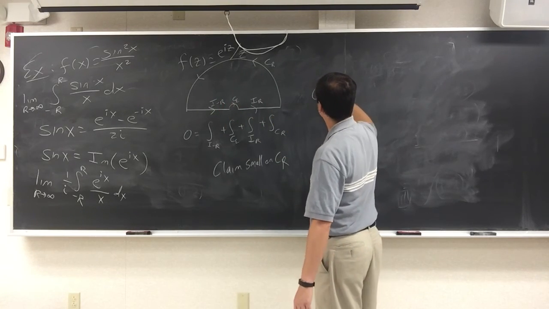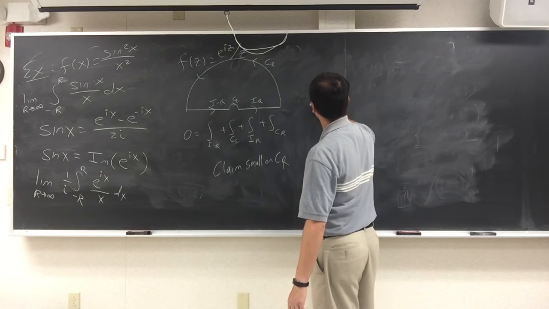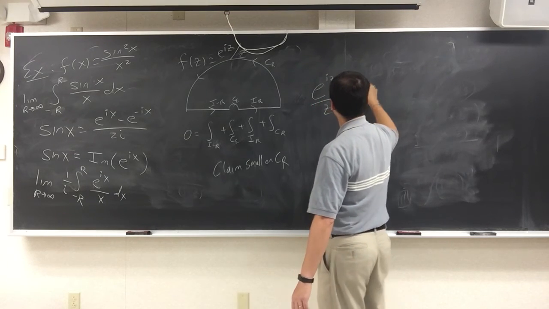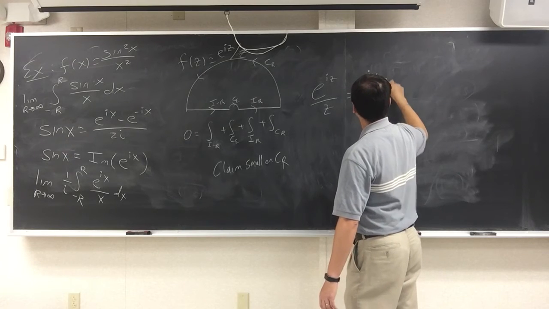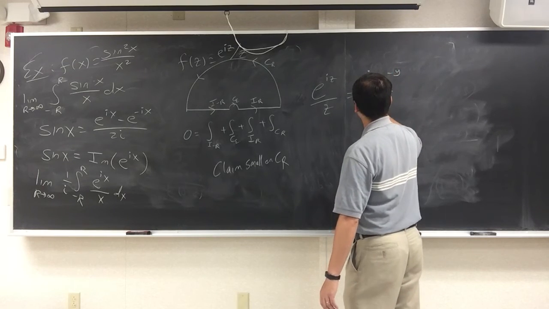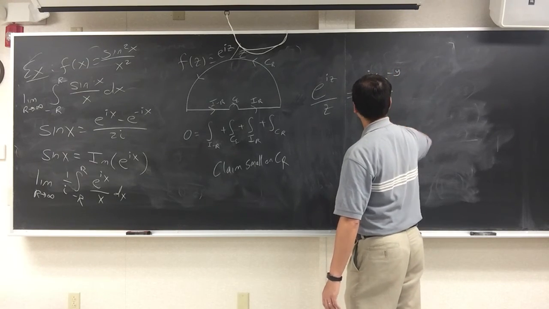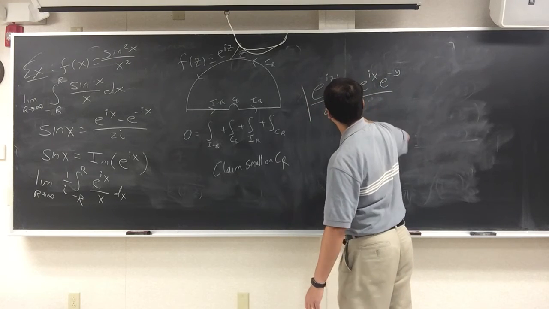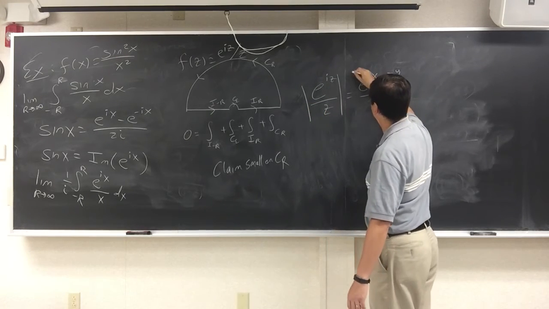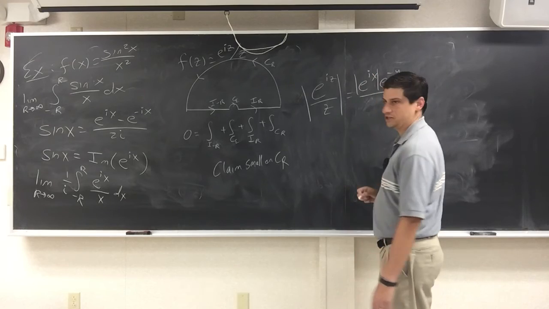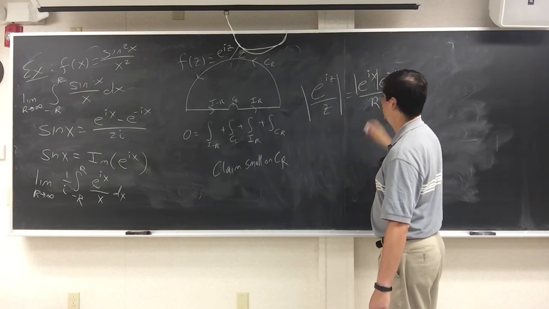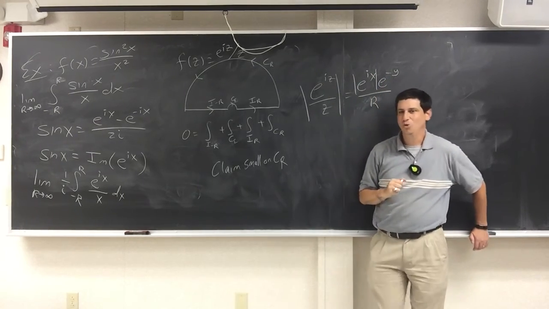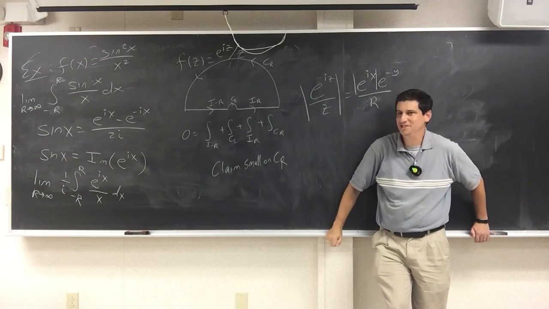So you'll have e^(iz) over z. This is e^(ix) times e^(-y) over z. Well, let's do absolute value. And then when we take the absolute value, that's going to just be 1, and we'll have R. What's the perimeter of C R?